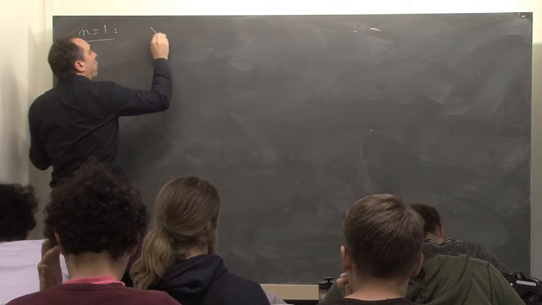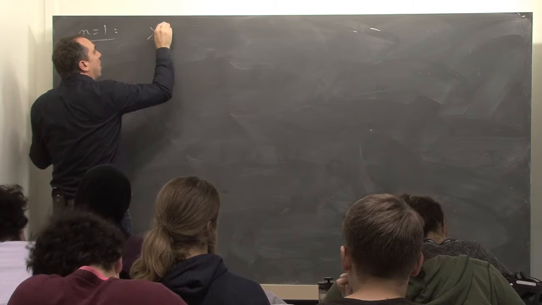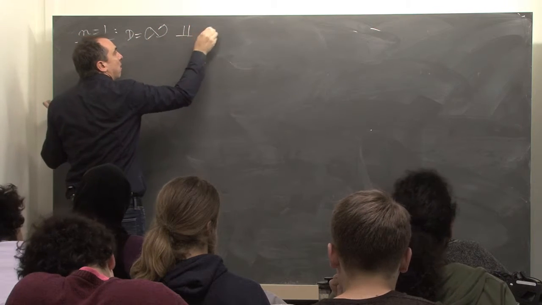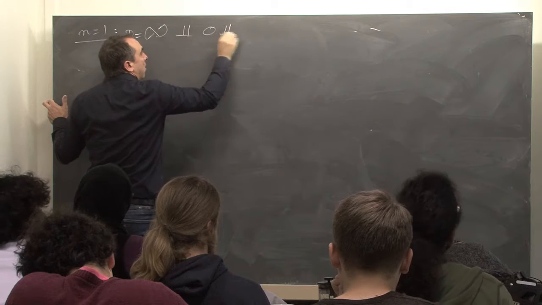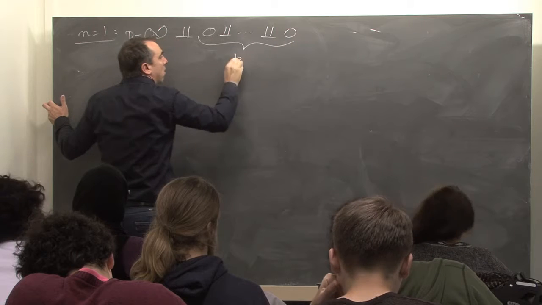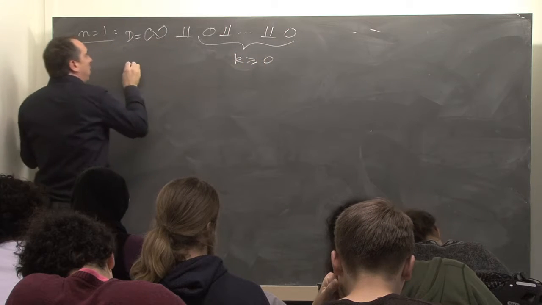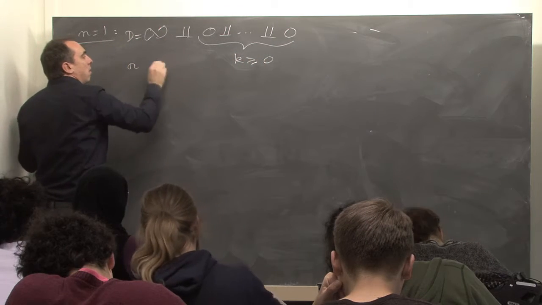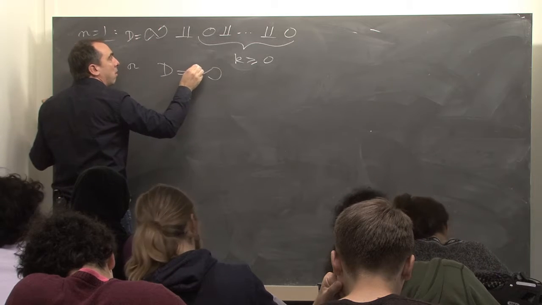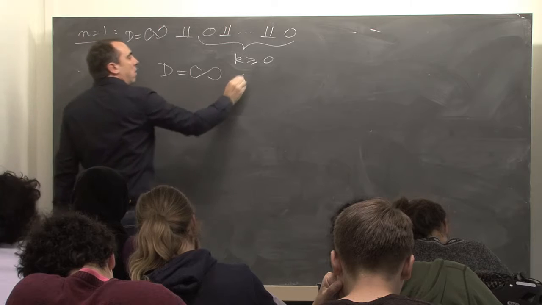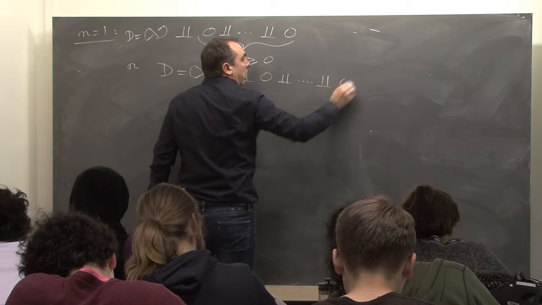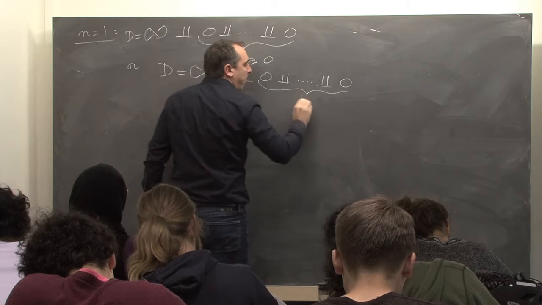So, if you just want one crossing, up to isotopy, we have this, or with the opposite crossing, plus the disjoint union of circles.